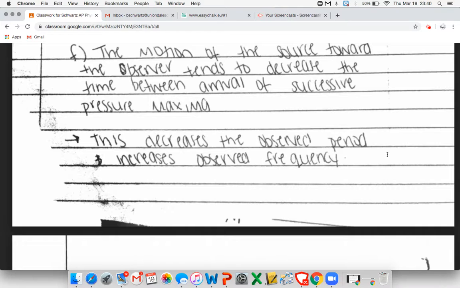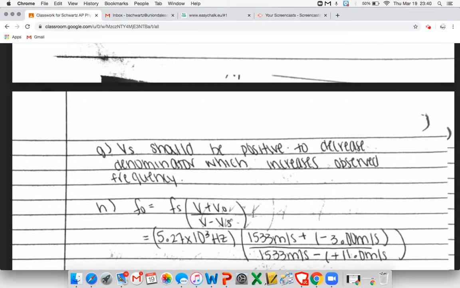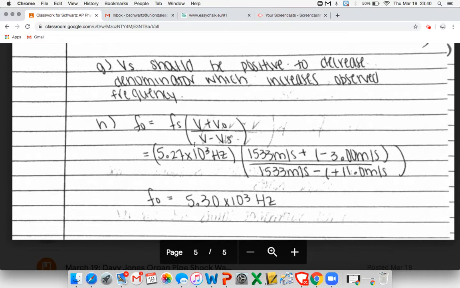For letter G, what sign should be chosen for V of S, the velocity of the source? The velocity of the source should be positive to decrease the denominator, which increases the observed frequency. And again, all you need to do is look right back at this formula here. So if you have a positive V of S, then you're subtracting, which is therefore going to decrease your denominator.